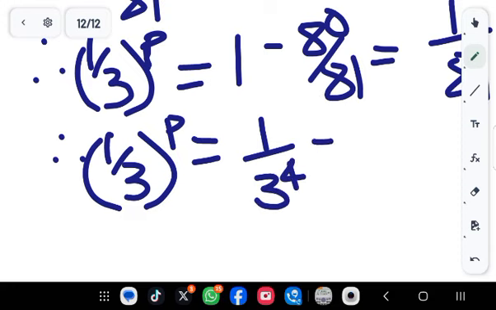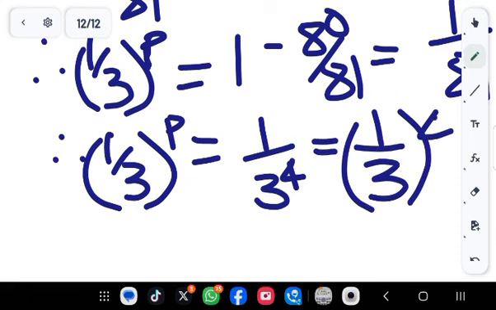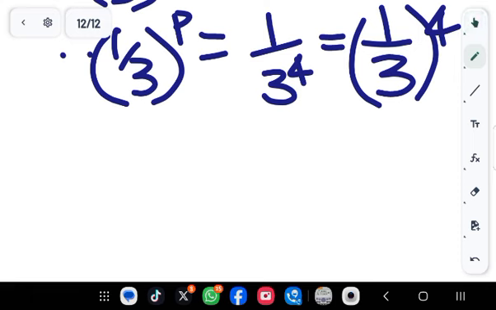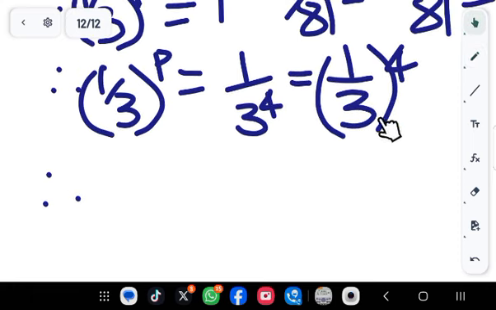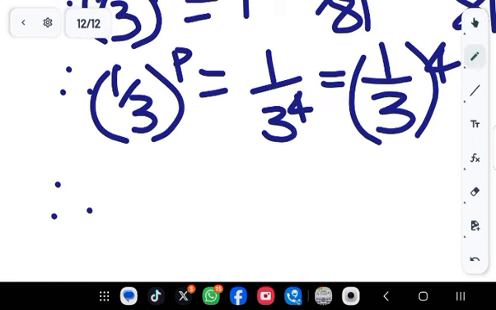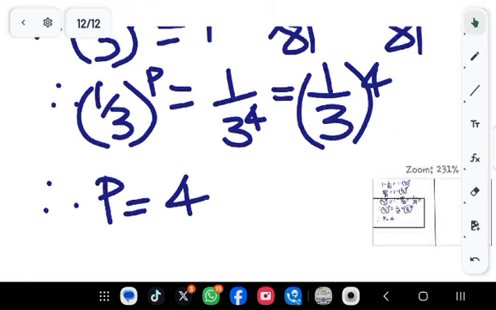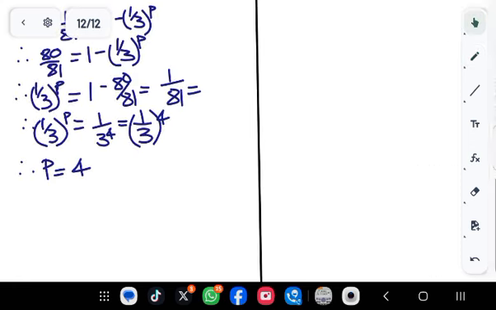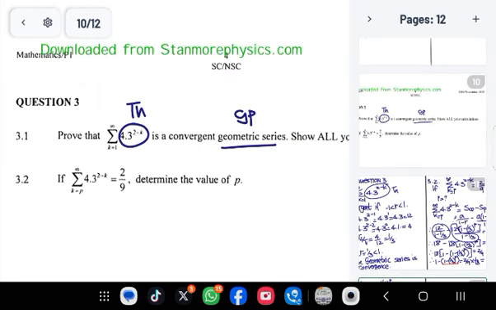written as 1/3 to the power of 4, which can also be written as 1/3 all to the power of 4. Now therefore, because you've got common bases, you've got powers of the same base, that means you can simply equate the exponent. Therefore, the answer is p is equal to 4.